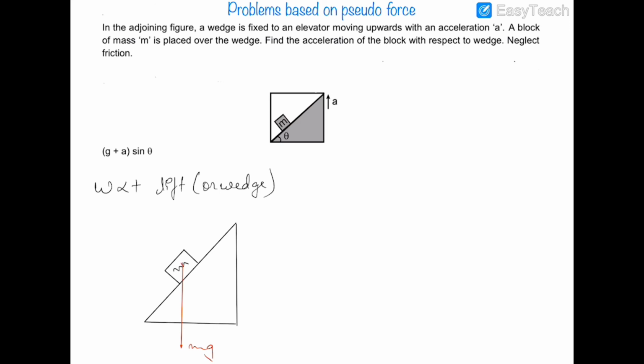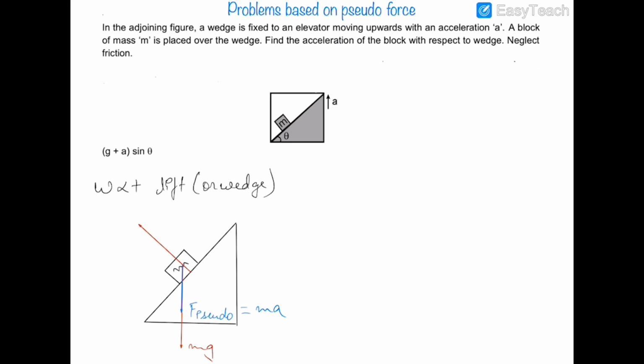So this pseudo force will be acting in the downward direction because the observer who is standing inside this lift is accelerated in upward direction. So F pseudo will be equal to ma. Now the normal reaction will be acting perpendicularly like that.